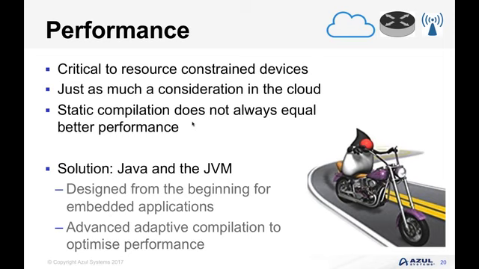So JDK 1.0 would run in 8 megabytes of memory, and it would run at a reasonable speed there. Obviously, we've had a lot of development since then in terms of adaptive compilation, optimizing performance, and so on. Garbage collection has improved. So we can get very good performance from Java, even in constrained devices, because it has been designed right from the very beginning to work in those environments.